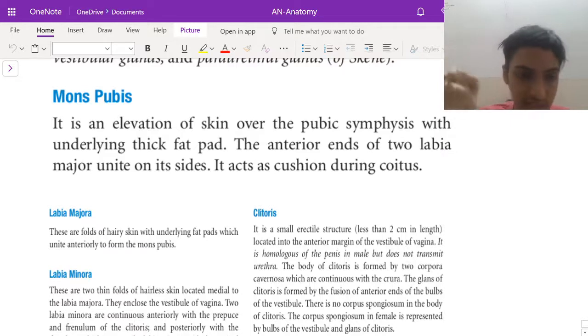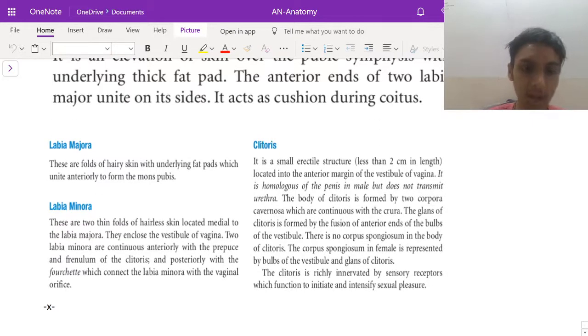Alright, and the labia minora. Labia minora is below the vagina, and there we have the vestibule of the vagina. And there is a fourchette also. Fourchette is connecting labia minora with the vaginal orifice.